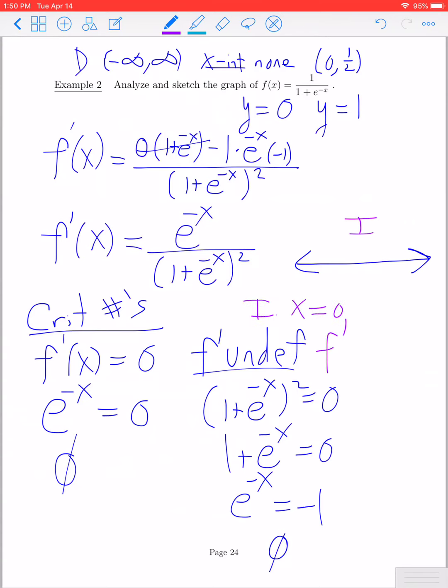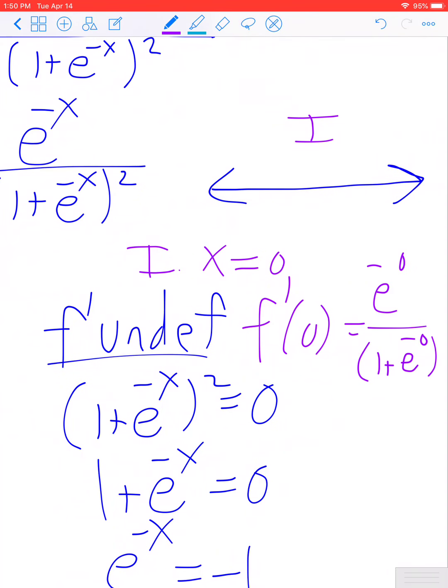If I look at f prime of 0, this would be e to the negative 0 divided by (1 plus e to the negative 0) squared. Remember, e to the 0 is 1, so that's going to be 1 divided by (1 plus 1) squared, which would be 2 squared, which is 4.